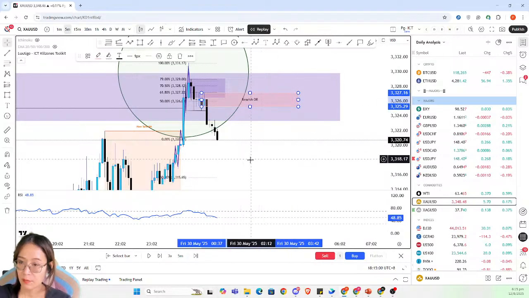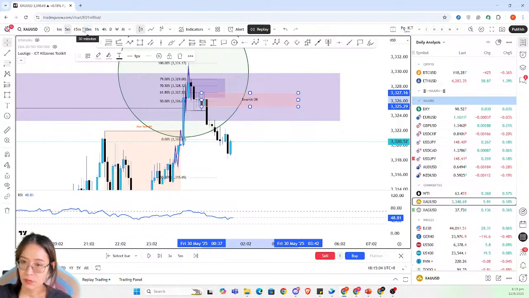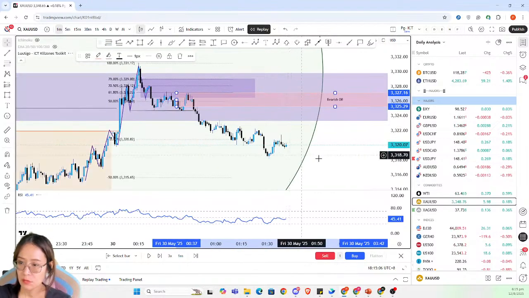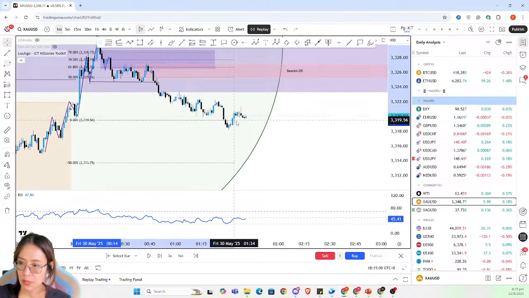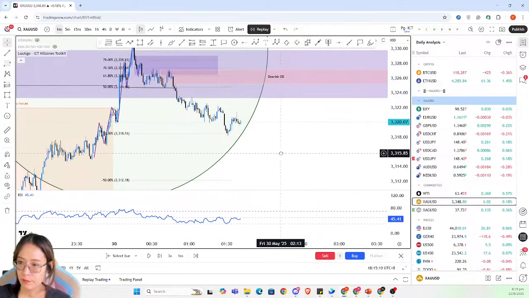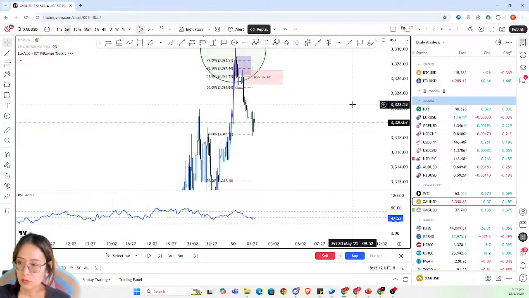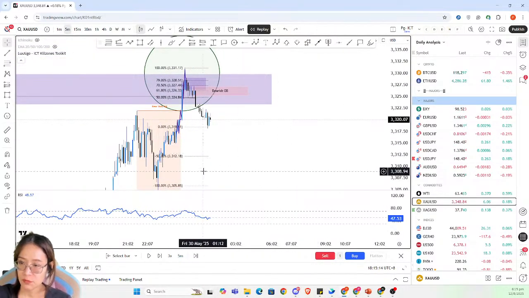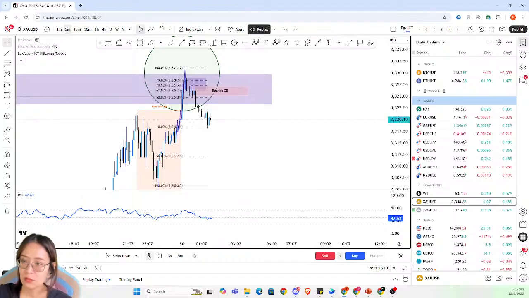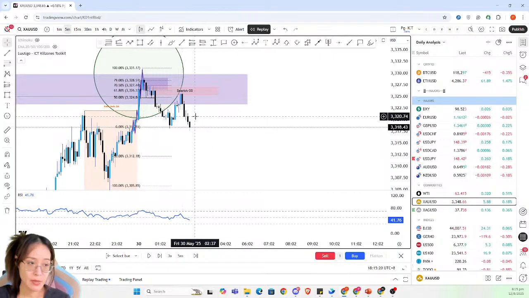In the M5, let us see. I need to make my low here. Okay, go to the M15 again. Right, price go to our, be patient, right?